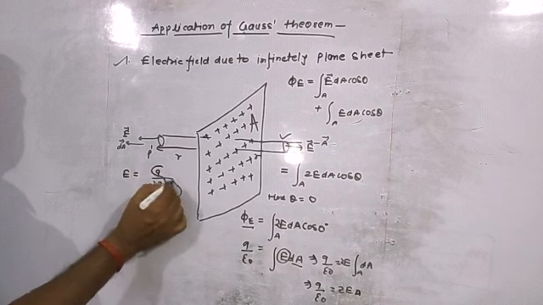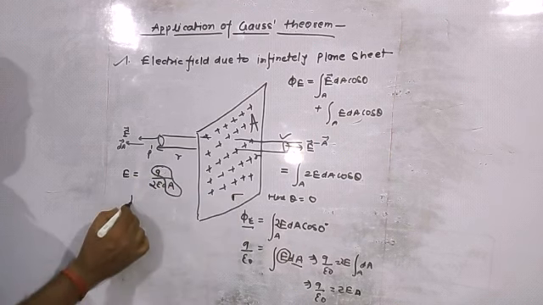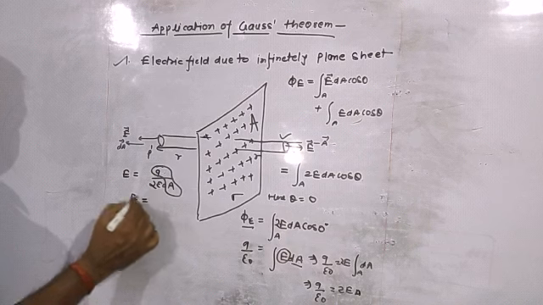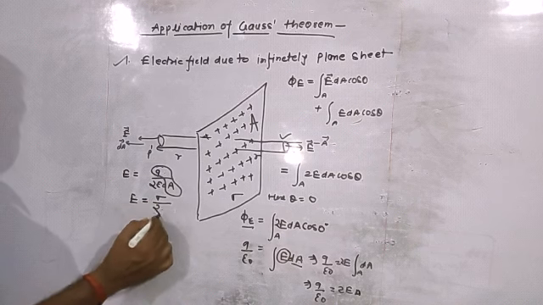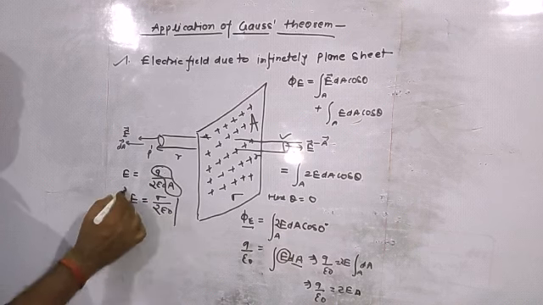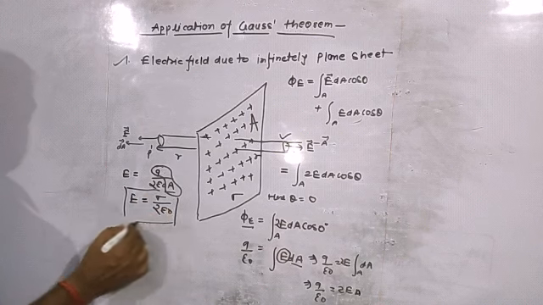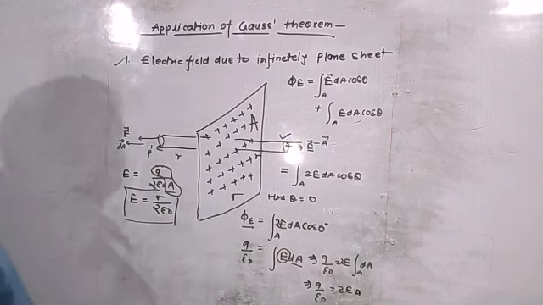Now Q by A is the surface charge density sigma. So we can write here E is equal to sigma upon 2 epsilon naught. This is the expression for electric field intensity due to an infinitely charged plane sheet.